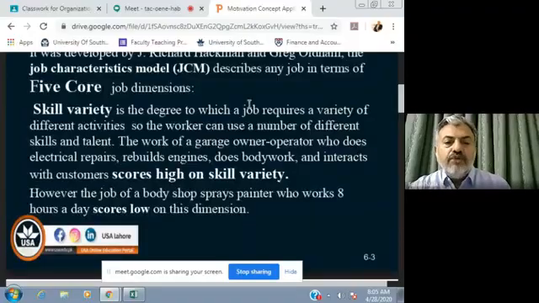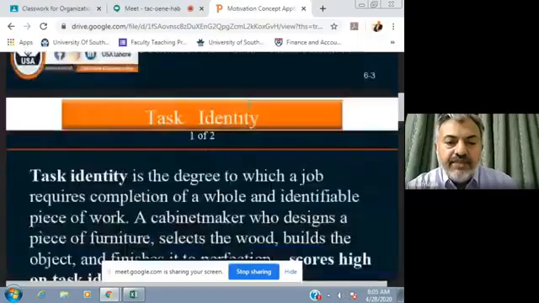So the job of a body shop spray painter who works 8 hours a day scores low on the skill variety dimension, because he is only displaying one skill, painting a car.